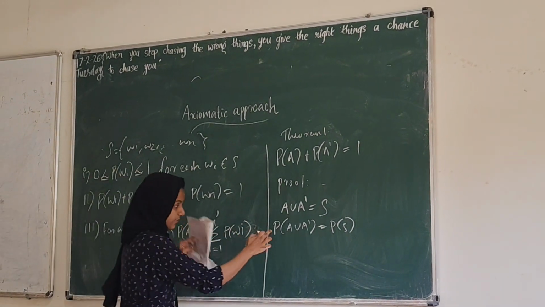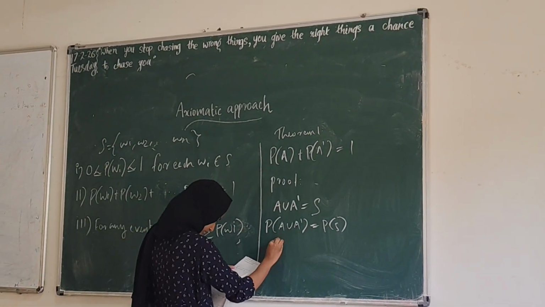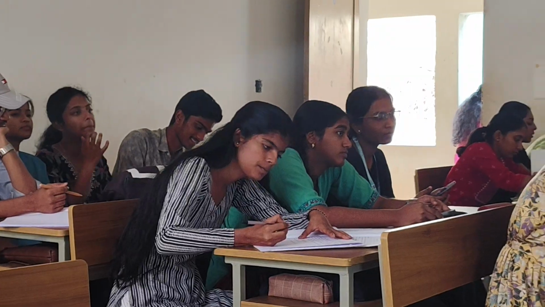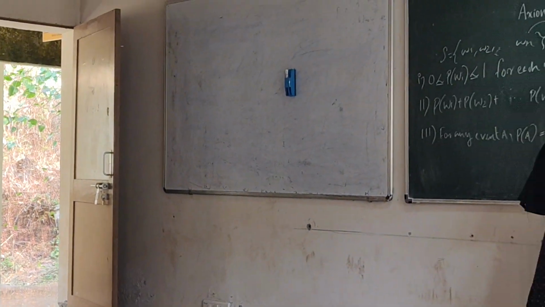So the probability of A union A complement is equal to the probability of the sample space. From axiom 3, we know that this will be equal to the probability of A plus the probability of A complement.